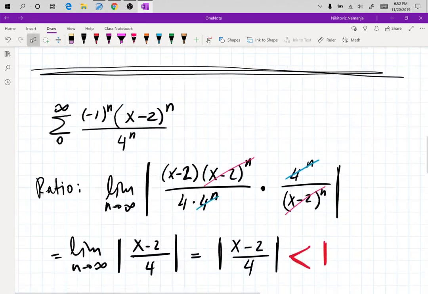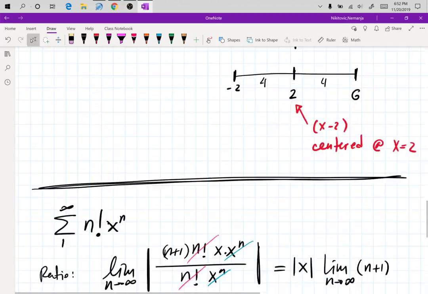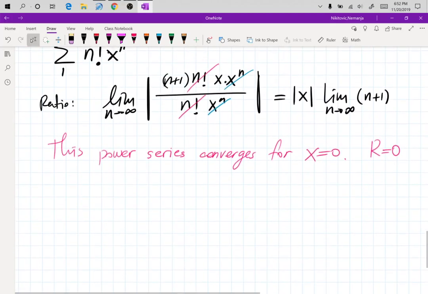I'm going to mention, for those of you that are wondering why are we using the word radius when there are no circles anywhere. Well, the world doesn't end with Taylor series, right? There are also Fourier series, Laurent series, and so on.